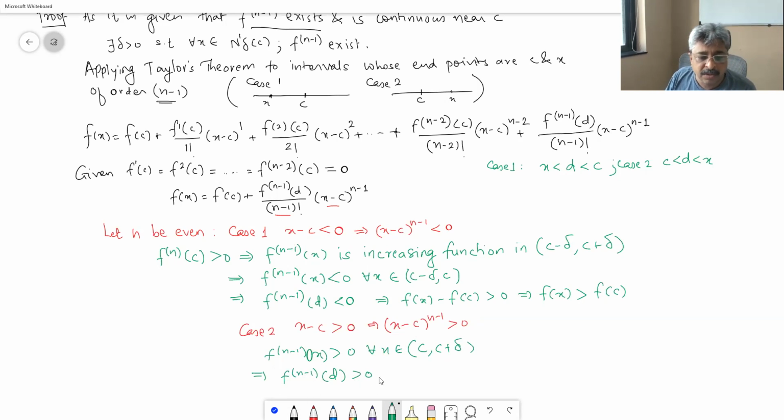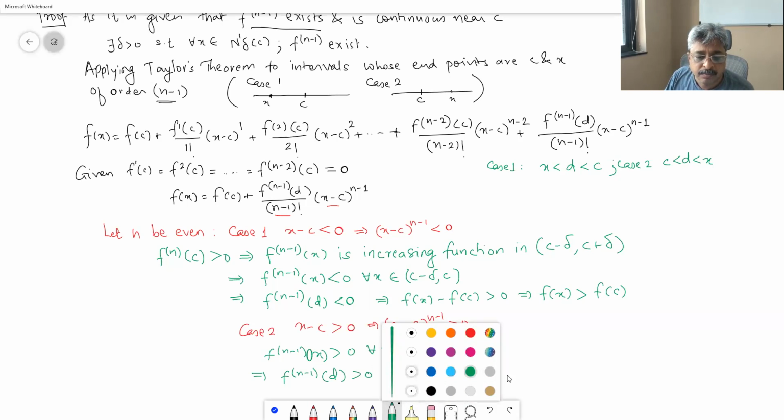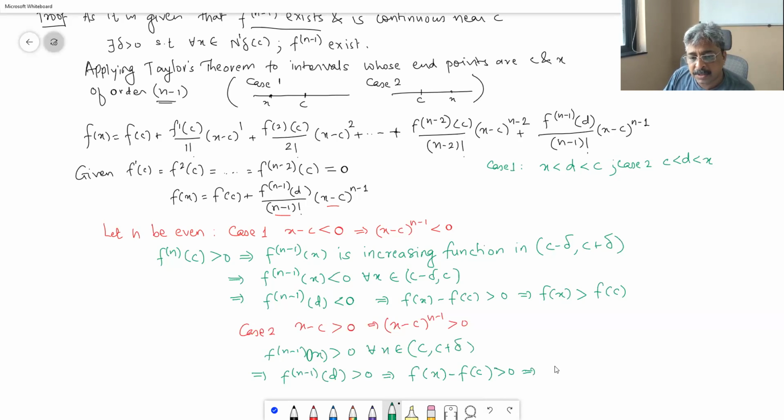So both of them are greater than 0. Therefore, again we get f of x minus f of c is greater than 0, which implies f of x is greater than f of c.